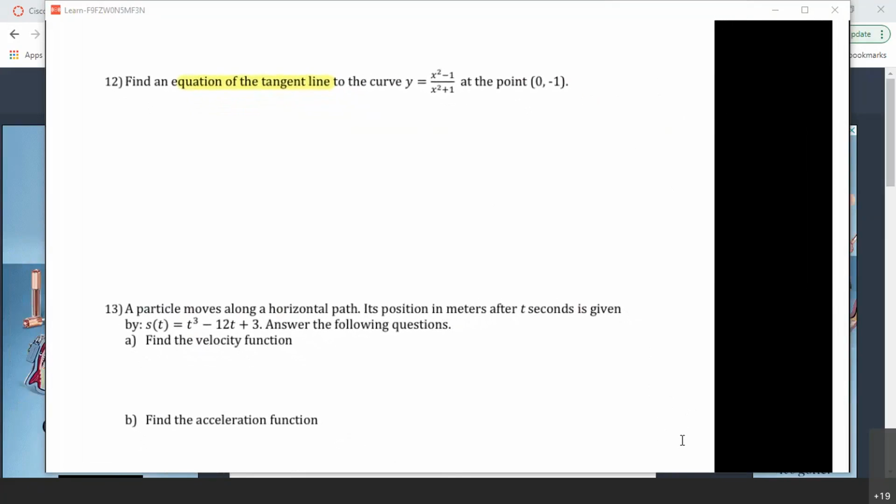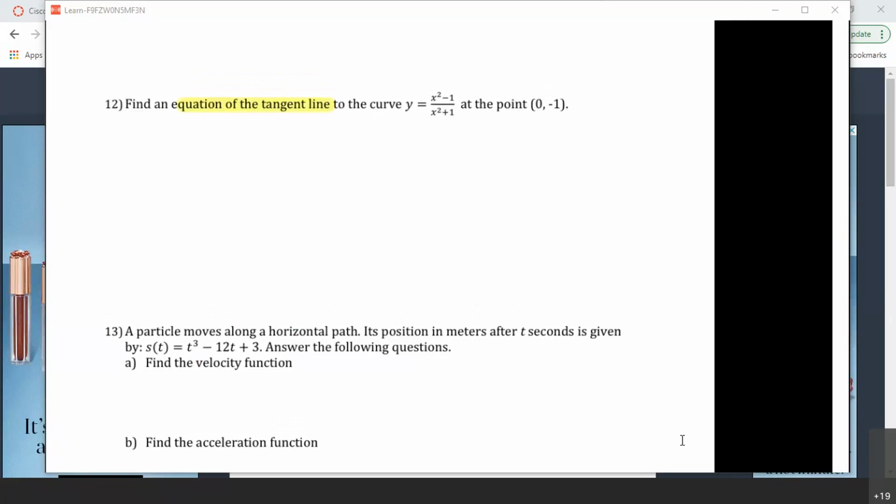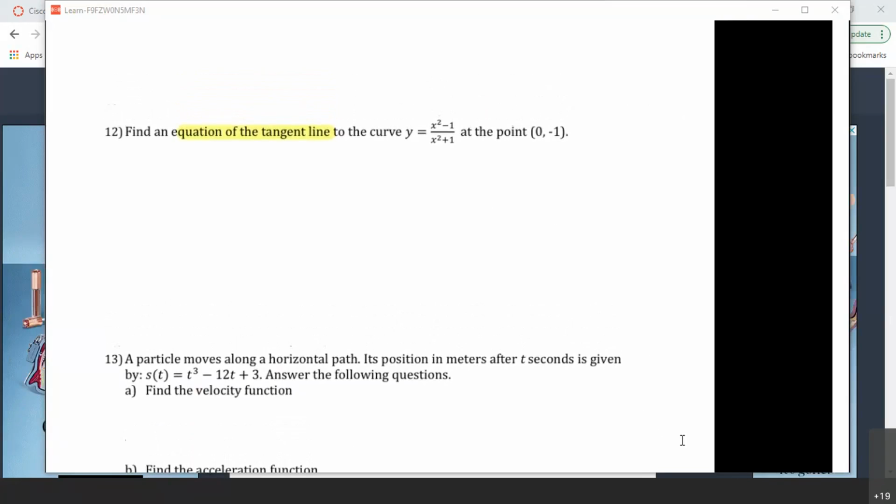I need an equation of a tangent line. So what do I have to build the equation of a line? What do I need to build the equation of a line? Go all the way back to introductory algebra. What do you need? Slope and a y-intercept.